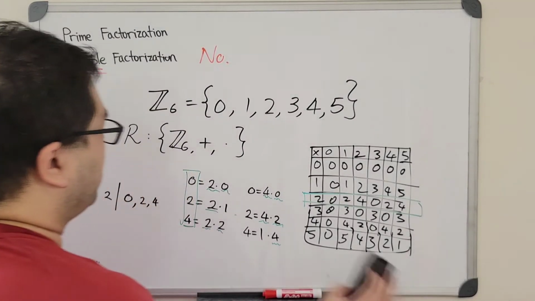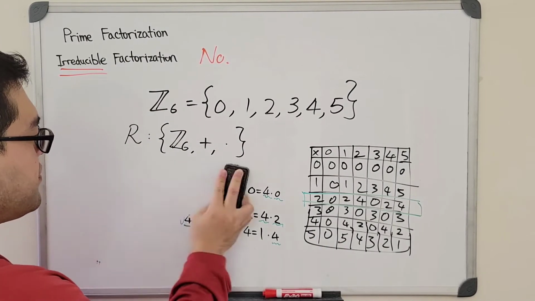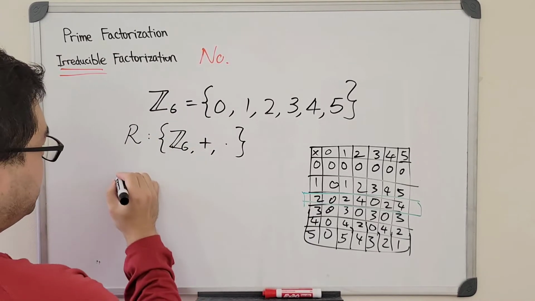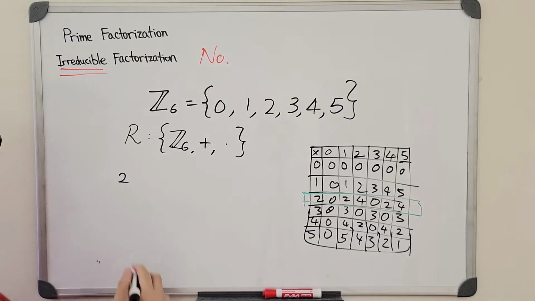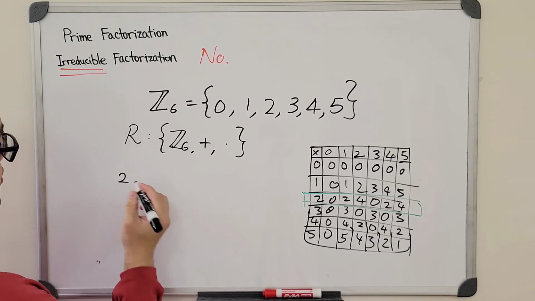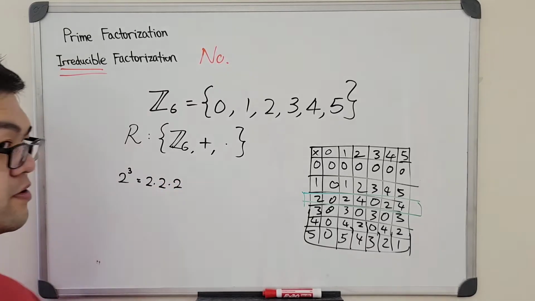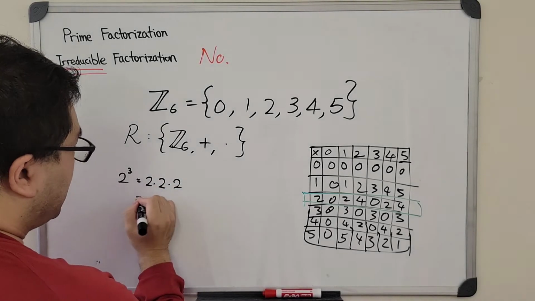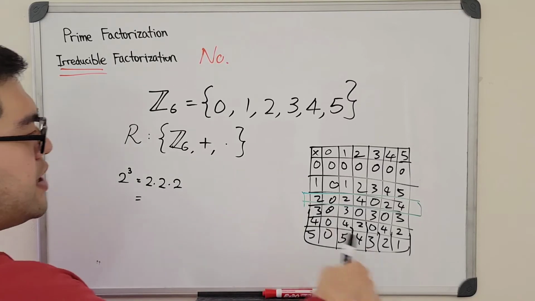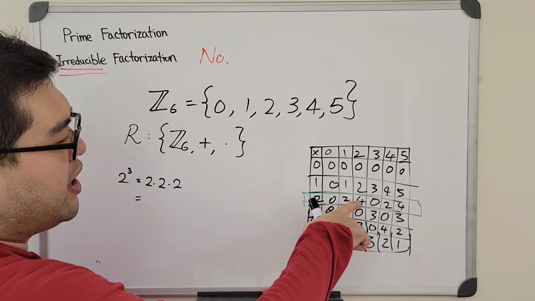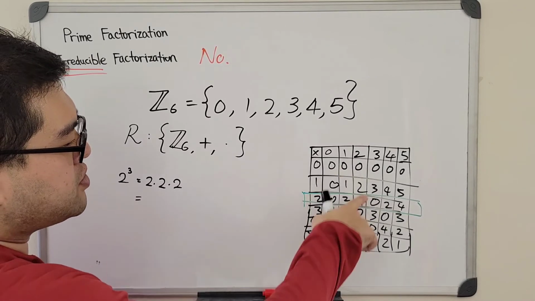But how does it change our game? Here is the deal. Now if we consider 2 itself and raise it to the third power, meaning that we have 2 times 2 times 2, what do we get? Well, 2 times 2 in the Cayley table, or multiplication table, is 4.